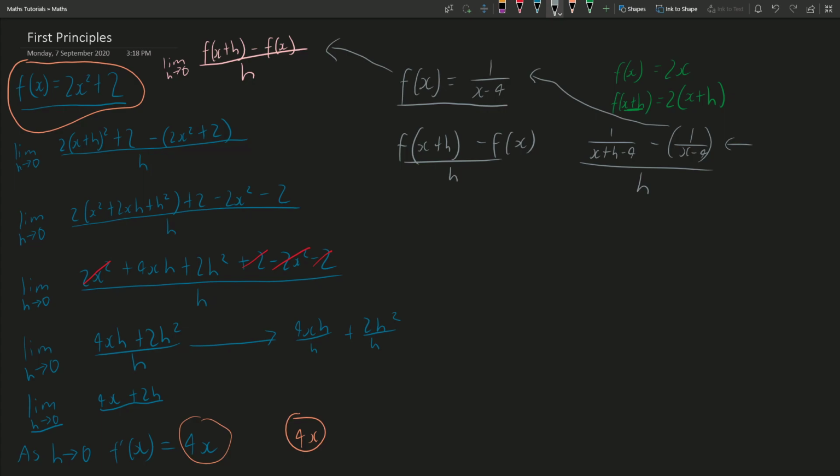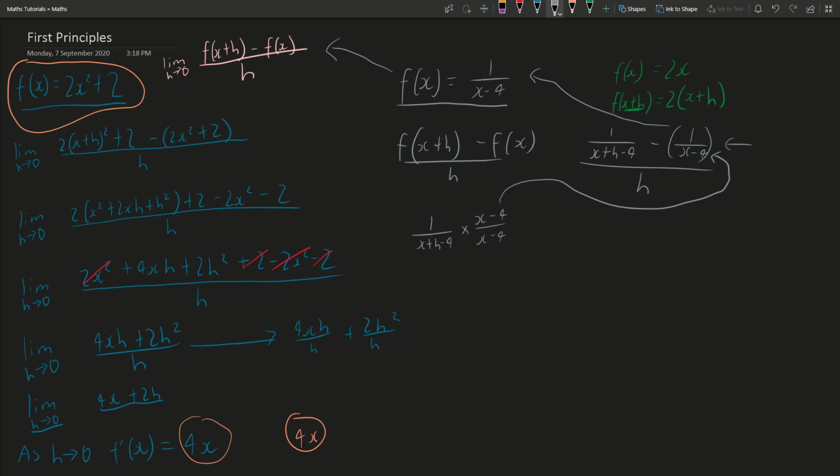Now you can see here that we can't subtract one term from another because they don't have the same denominator. So to fix this problem, what we need to do is multiply both terms by the other denominator. And I'll show you how to do that now. So we have 1 over x plus h minus 4. We simply need to multiply this by x minus 4. So that x minus 4 came from the other side over here.